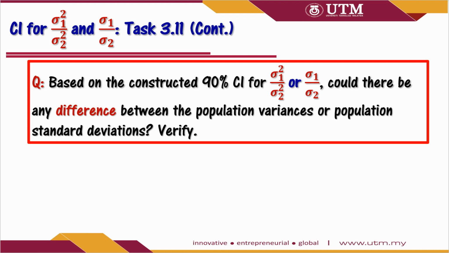In other words, could there be any difference in the variability of axial loads of cans measured from different groups or populations? How to verify the answer?